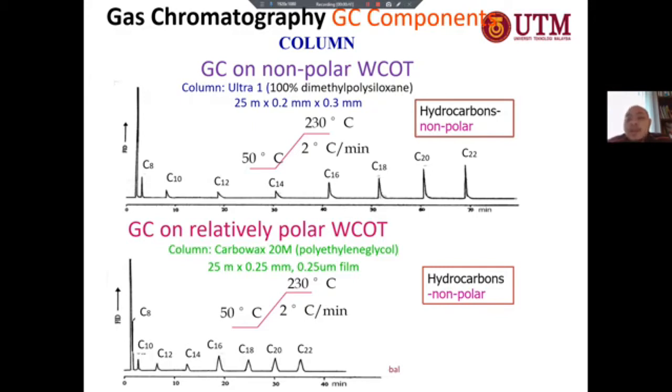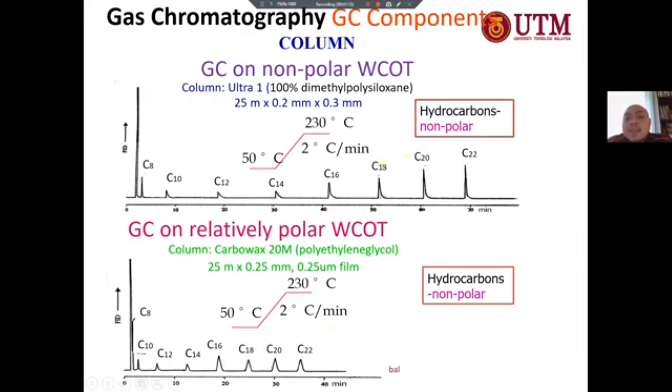For example, if we want to separate, we choose the non-polar column. But if we want to improve the retention time, we can use the polar column. But again, we must remember that our analytes must be separated. If they are not separated, it is useless to use this column.